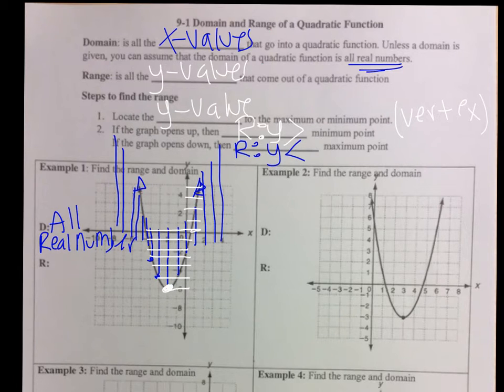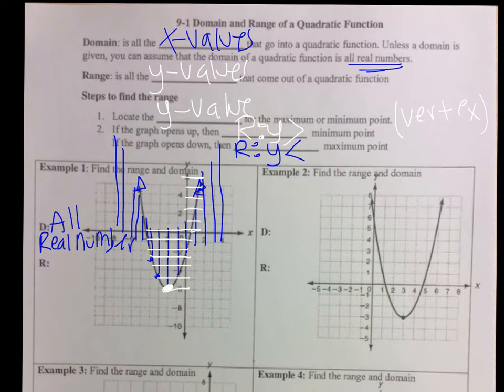And the arrow here just symbolizes that the graph is going to keep on going. So we're also going to have 6, 7, 8, 9, and so on, and it goes on forever.